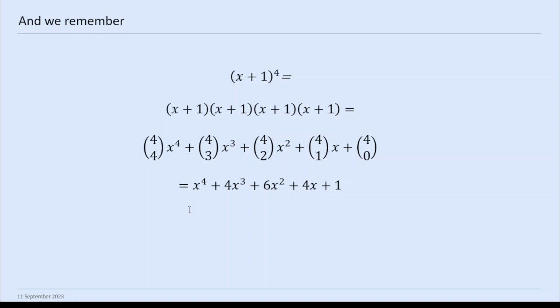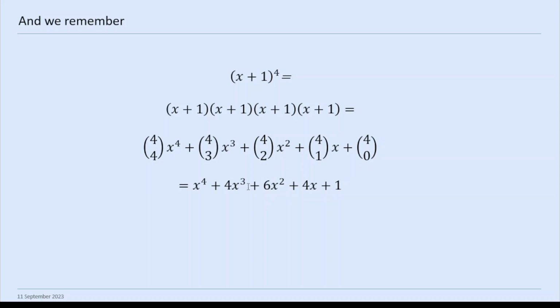We take the first, second and third, the first, second and fourth, the first, third and fourth, and the second, third and fourth. Altogether that's 4 different ways. If we want to make x squared here, we choose 2 of the 4 where we're going to multiply in the x. So in that case, the coefficient of x squared is 4C2, which is 6.